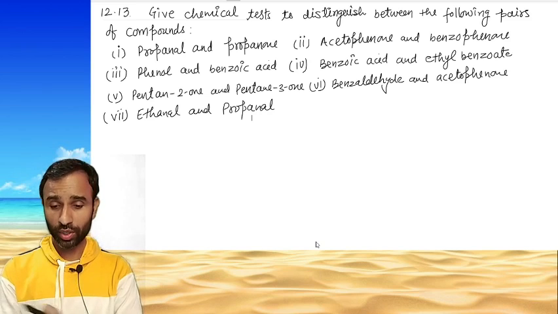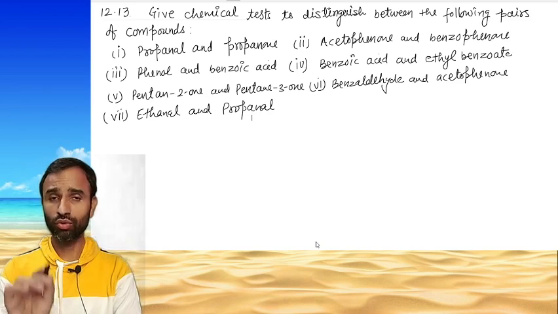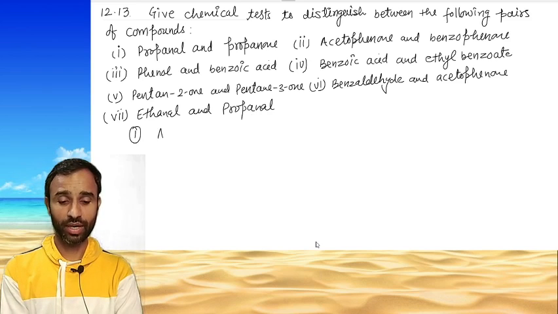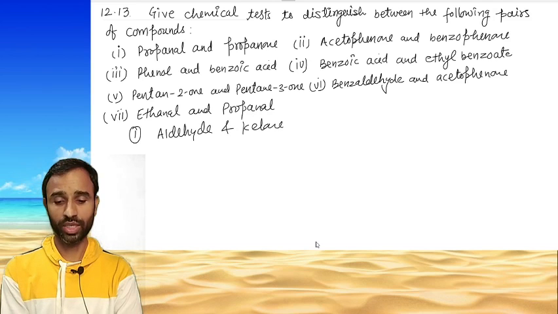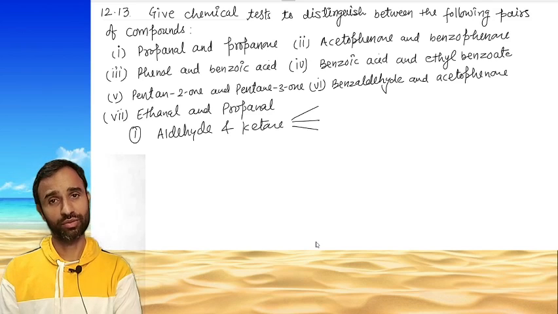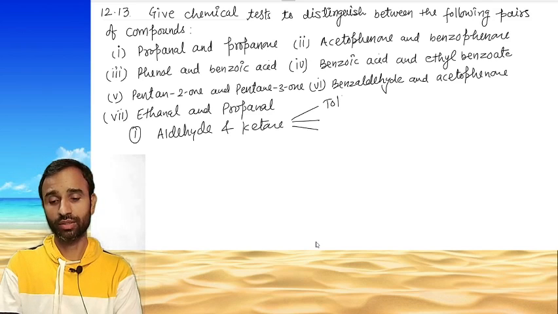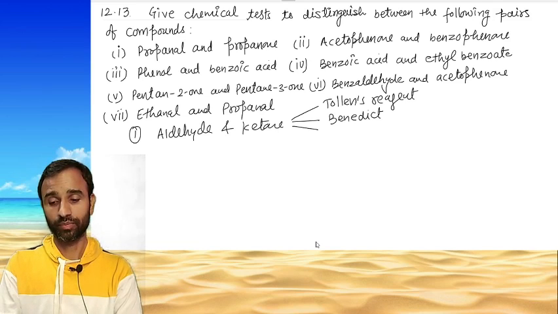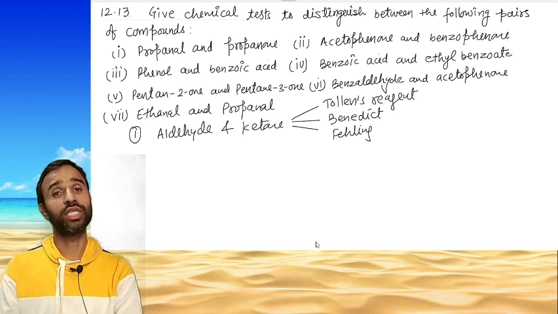So before going through this, I let you know how to distinguish. Say if there is an aldehyde and a ketone, in general I am telling you, then you have 3 tests: Tollens reagent test, Benedict solution test, and Fehling solution test.